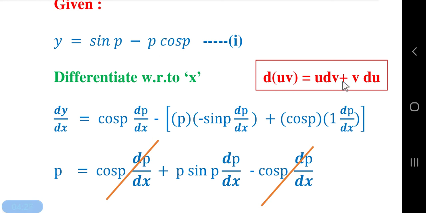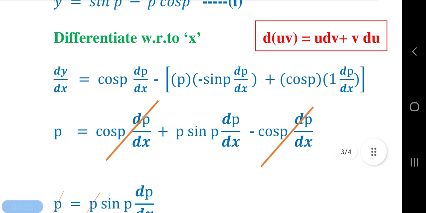So we use the product rule, with the whole bracket, then I have two variables in p cos p. So write p itself as it is and differentiate cos p. This becomes minus sin p dp by dx, plus then write the cos p as it is and differentiate p. p becomes 1, then dp by dx.